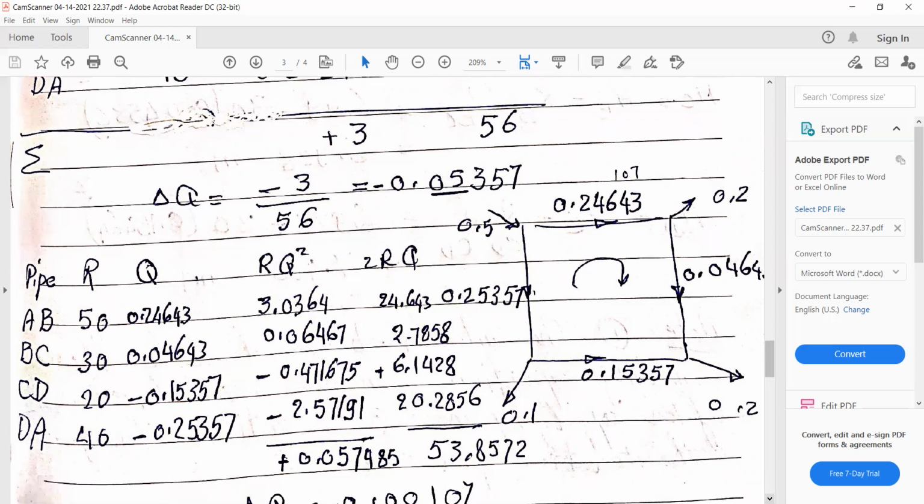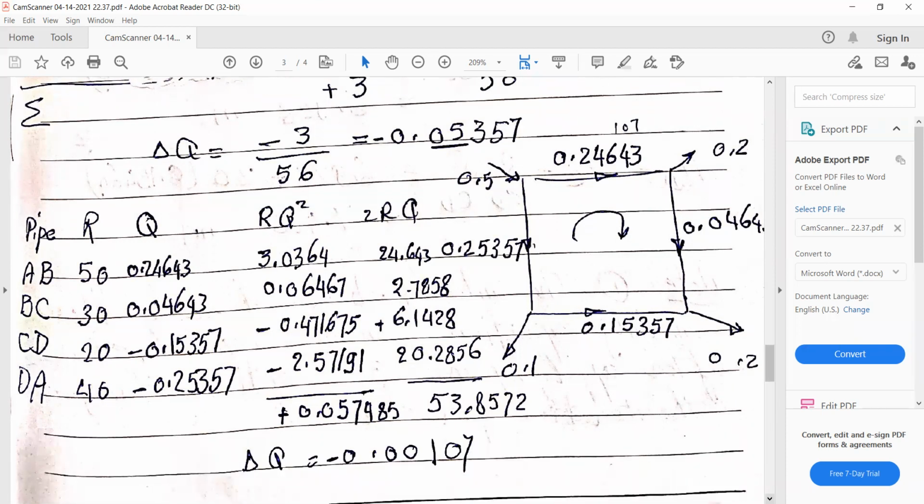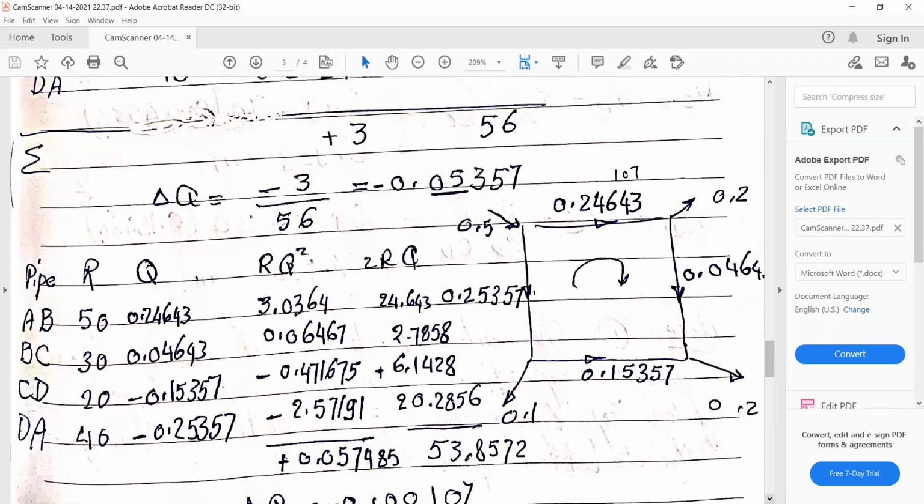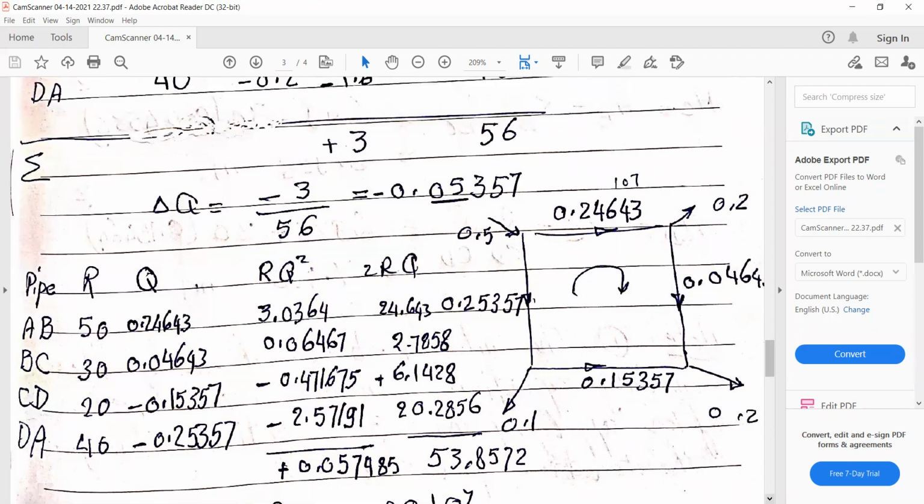Okay? Now, we make the correction. We put the flow rate after correction. The correction is negative, so for the pipe AB, it's subtracted. For the pipe BC, it is also subtracted.